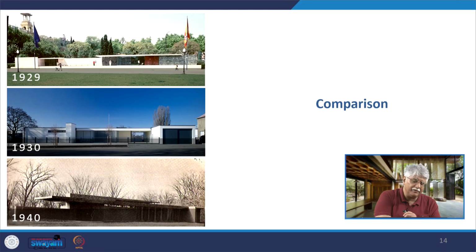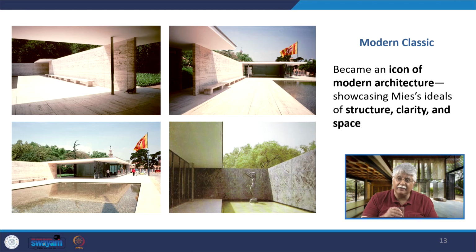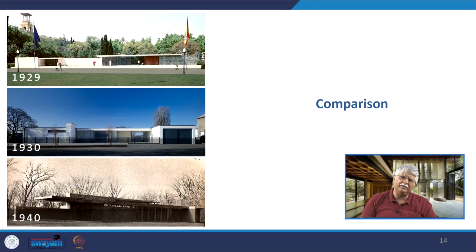This Barcelona pavilion is a modern classic. It became an icon of modern architecture, showcasing structure, clarity and space ideally in Mies's work. This is a comparison between these long drawn horizontal forms. We have it in Barcelona Pavilion 1929.